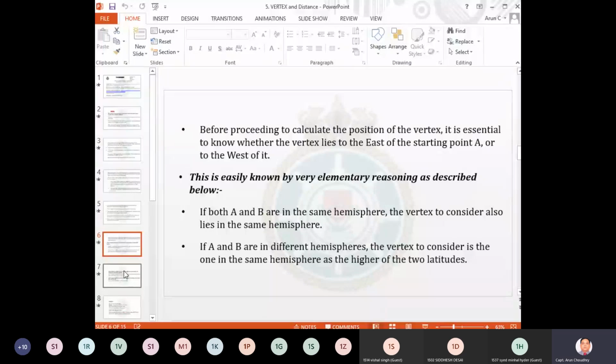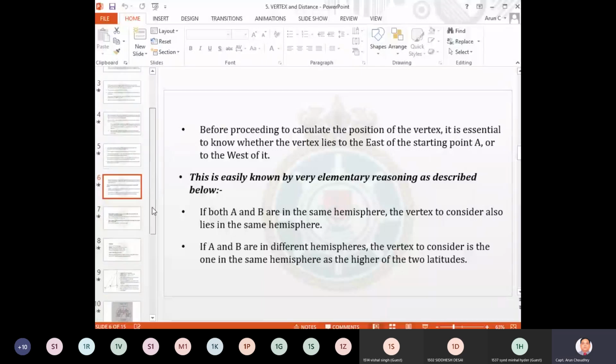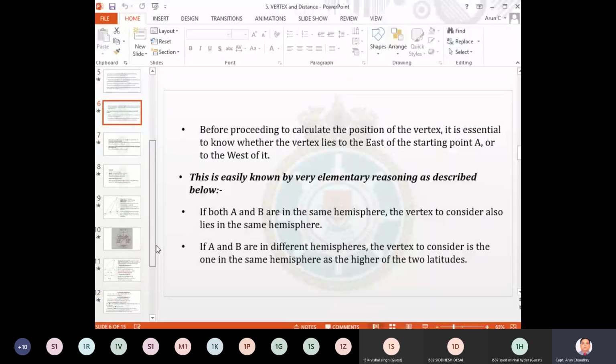Please write no in the chat box. Then I can explain to the class, or that person can contact me later, so that I can explain how we can find out whether the vertex lies between the initial position and final position, or outside that course. Because just by drawing the diagram we will not know.